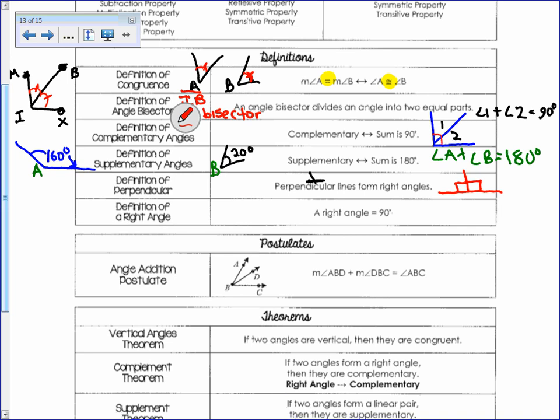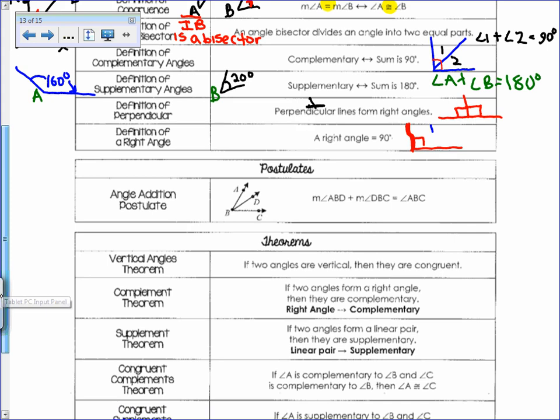Last thing, if I see a picture of a right angle, I can say by definition, angle 1, if I call this angle 1, is a right angle. I automatically know. It's kind of like an axiom. It's something that we automatically know.